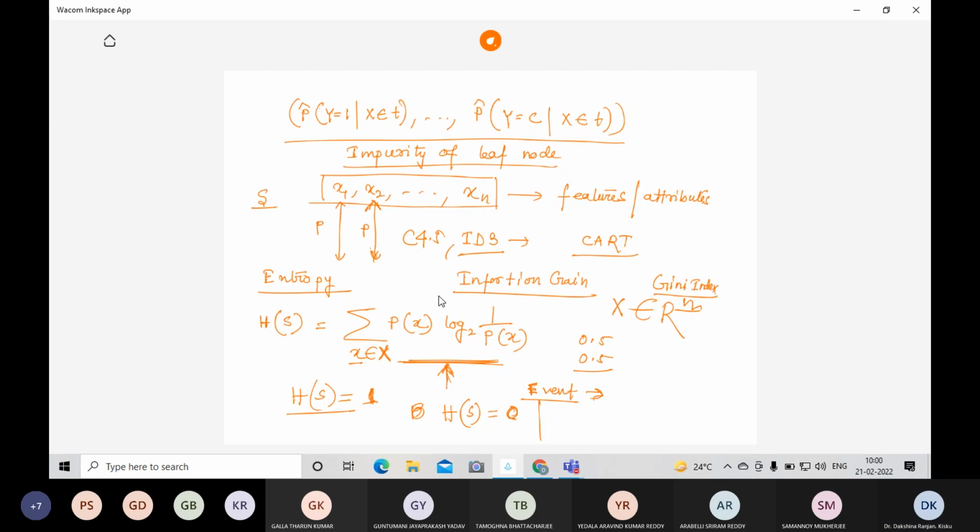Before flipping the coin, we can easily predict what we are going to get. That means if both sides are tails or both sides are heads, then before flipping the coin we can easily tell what we are going to get.